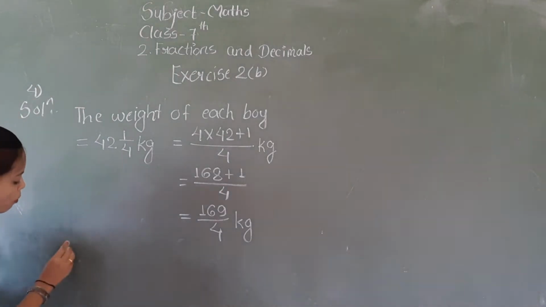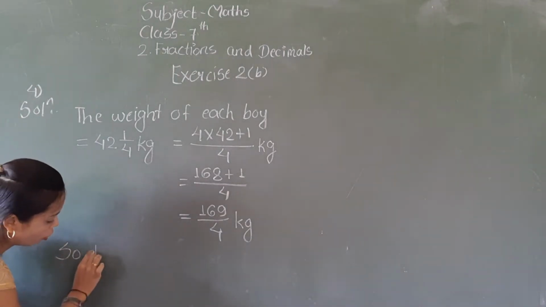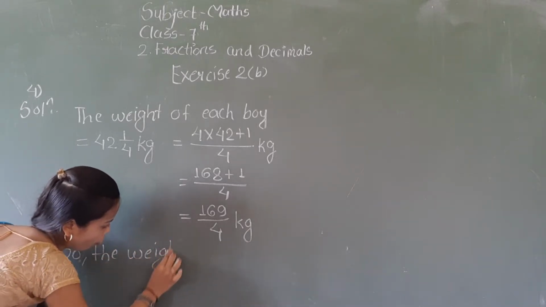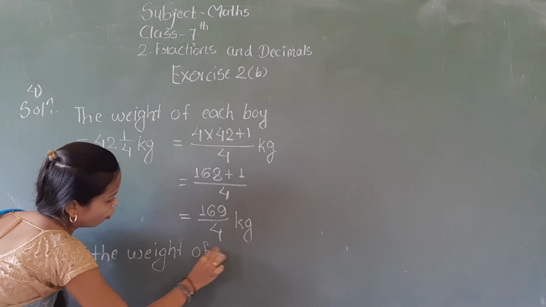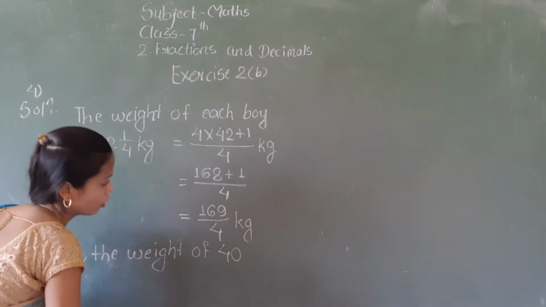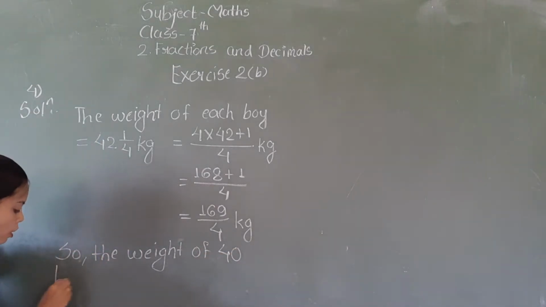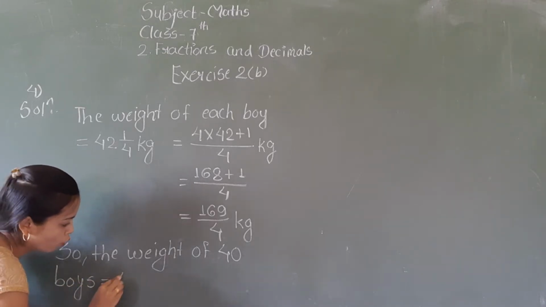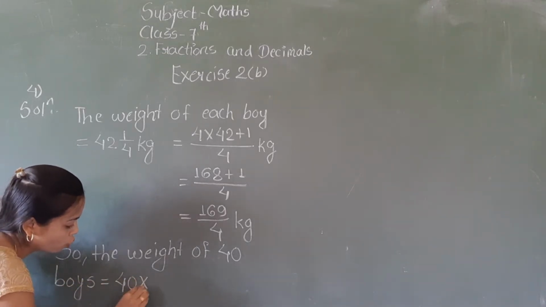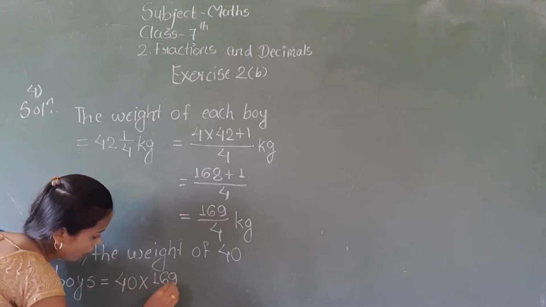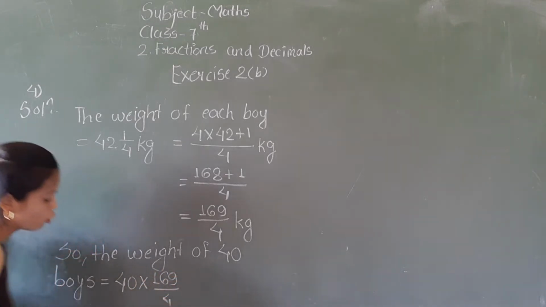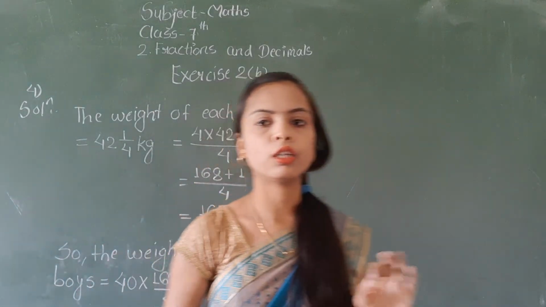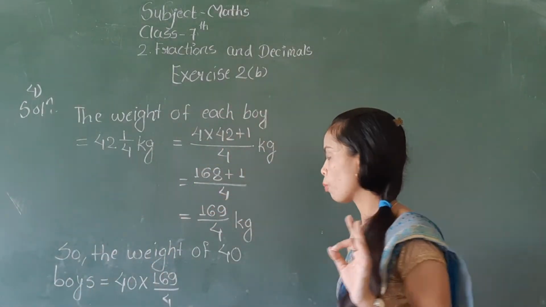So the weight of 40 boys is equals to 40 into 169 upon 4. For this you have to multiply 40 with 169 upon 4.